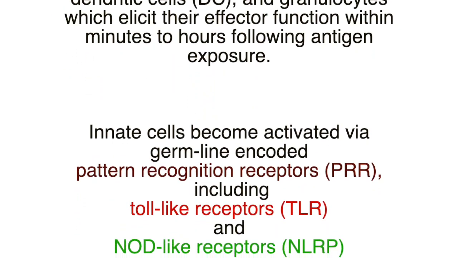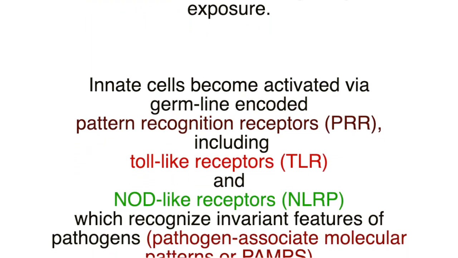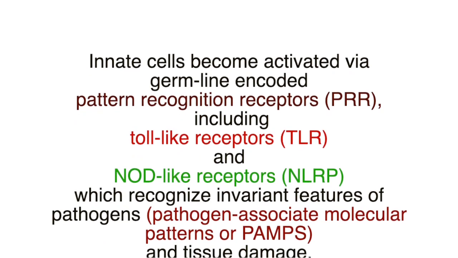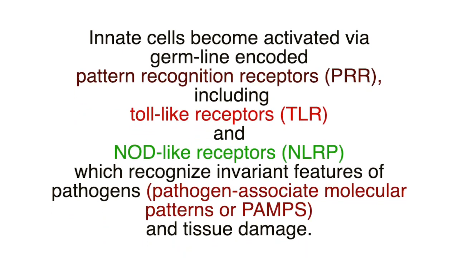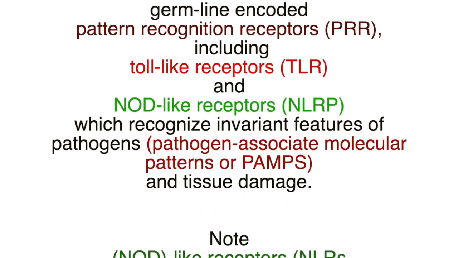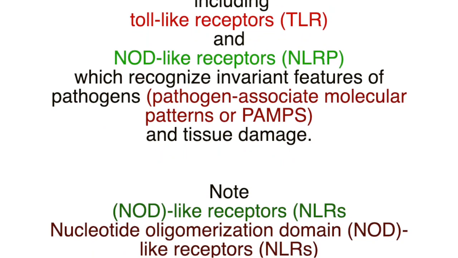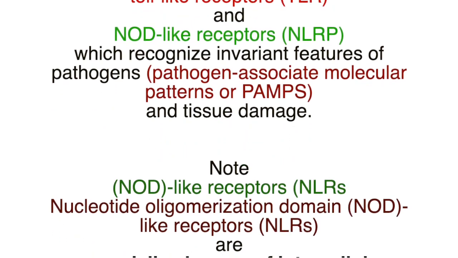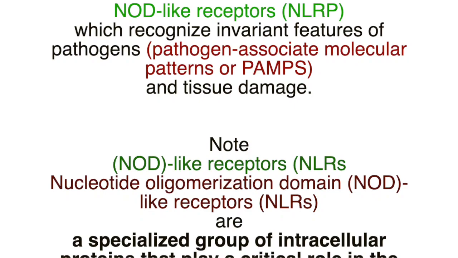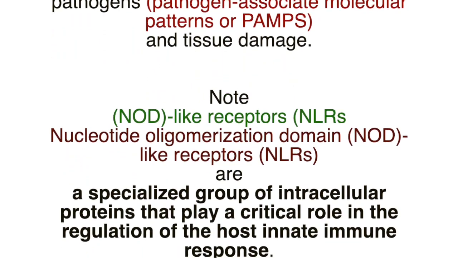Innate cells become activated via germline-encoded pattern recognition receptors (PRRs), including toll-like receptors (TLRs) and NOD-like receptors (NLRs), which recognize invariant features of pathogens, pathogen-associated molecular patterns (PAMPs), and tissue damage.